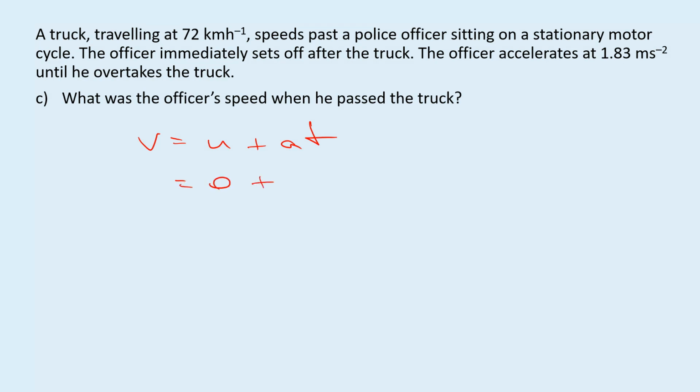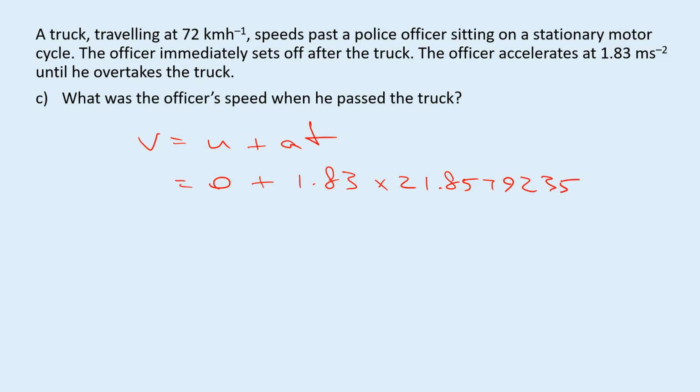We're not actually going to add anything on. The acceleration, the question tells us, 1.83, multiplied by the time. Now, the time was what we've just used in the previous part, 21.8579235.